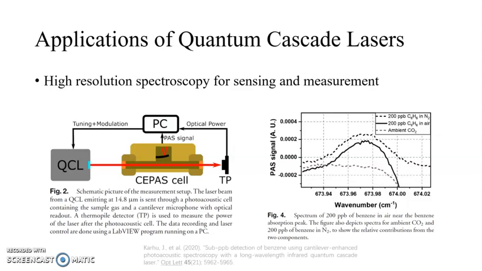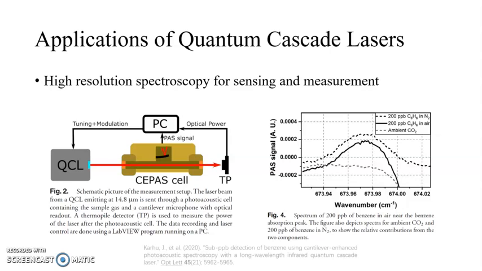There are a lot of applications of the quantum cascade lasers. Here I would like to mention two of them. The first one is a high-resolution spectroscopy for sensing and measurement. The left figure shows the photoacoustic spectrometer for trace gas sensing of benzene.